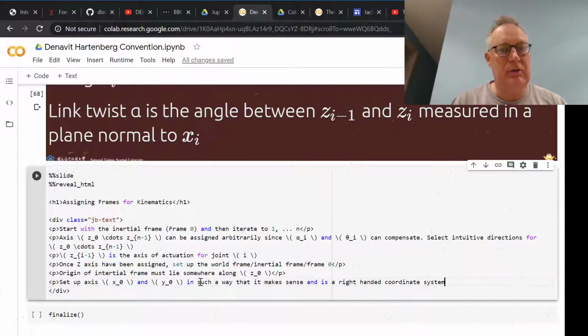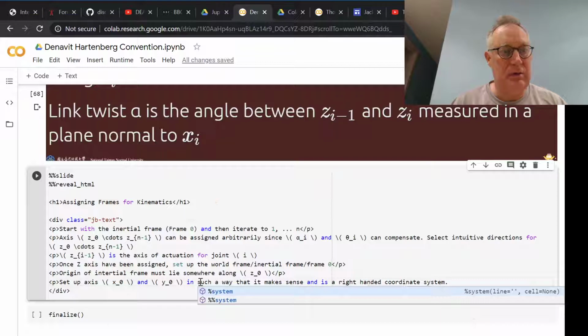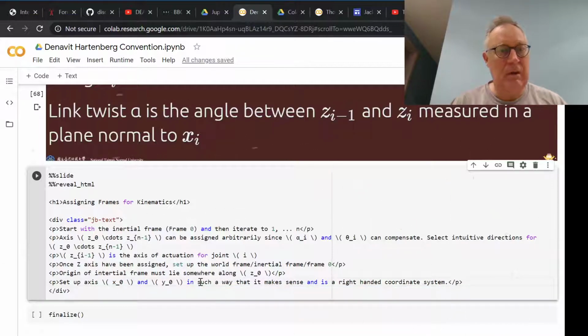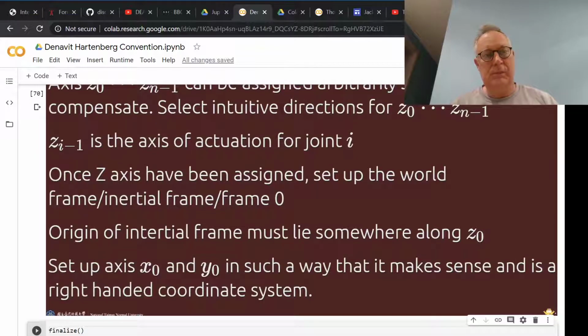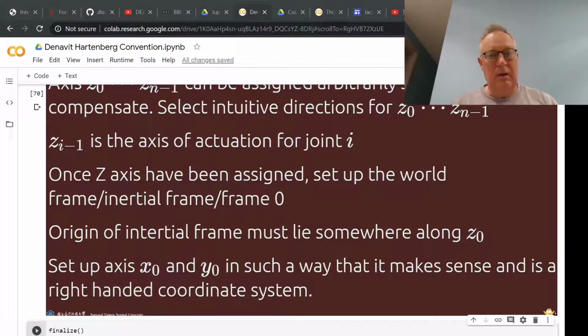That's really the only constraint. It must be a right-handed coordinate system.